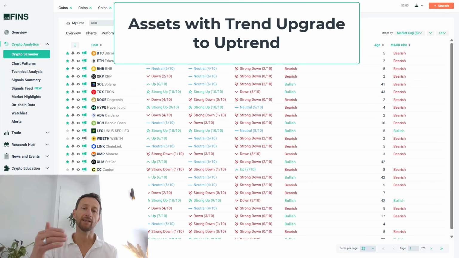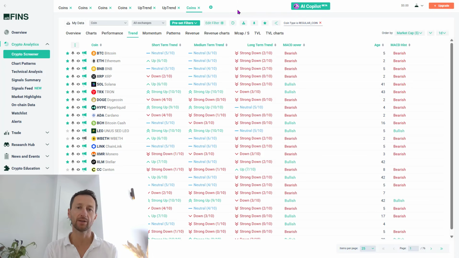Which assets have had an upgrade to their trend. Those could be interesting situations where the trend is just reversing, and we could be in for the beginning of a decent longer term uptrend.